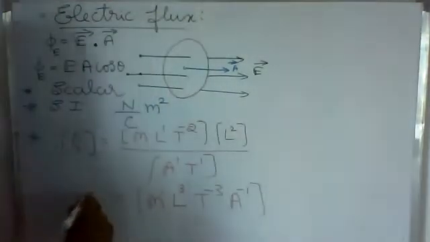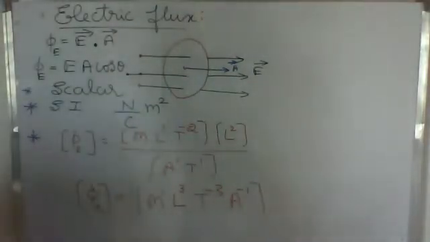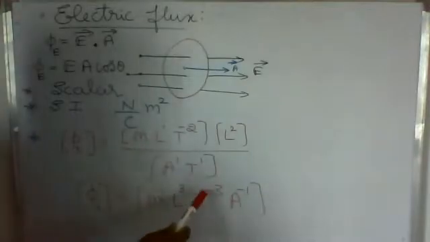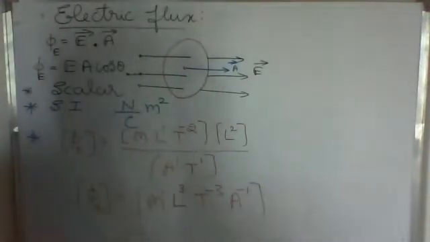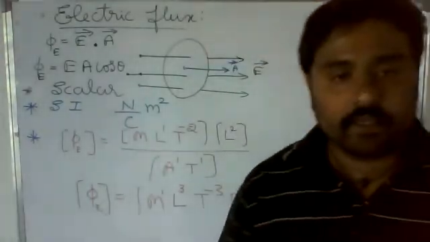So the dimensional formula is one in mass, three in length, minus three in time, minus one in ampere. That is the dimensional formula of electric flux.